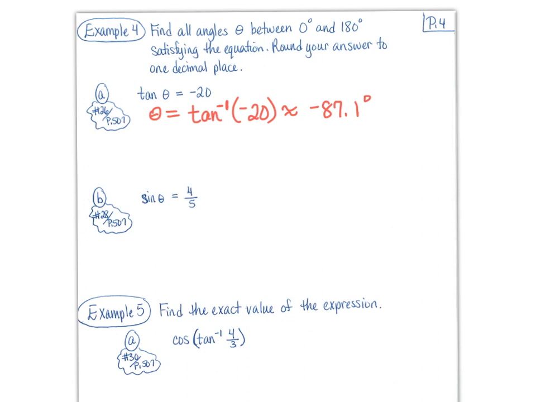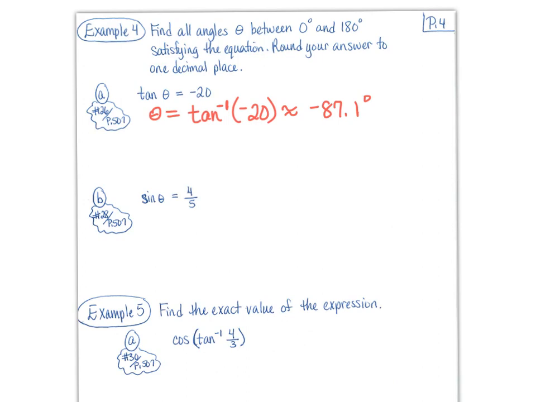Now we need to find all angles theta between 0 degrees and 180 degrees, satisfying the equation. So what will we do here? No, we cannot use the Pythagorean theorem here. Would you subtract 180 degrees from, or add 180 degrees to 87? Which one, subtract or add? Add. Very good. You would take 180 degrees and subtract 87.1 degrees from it.